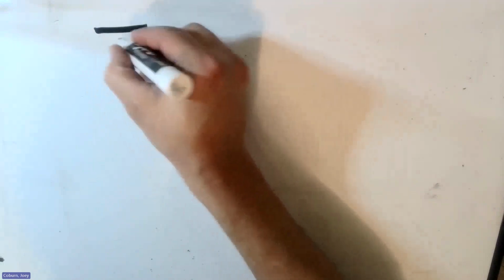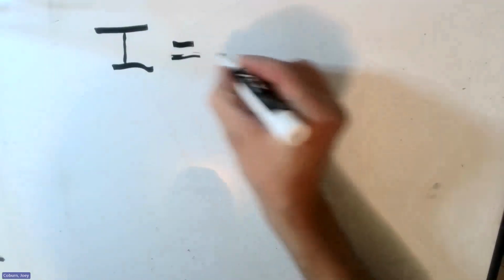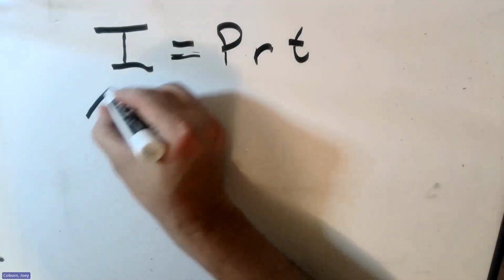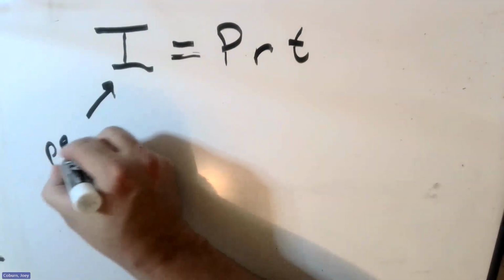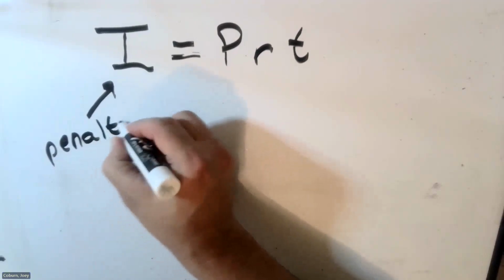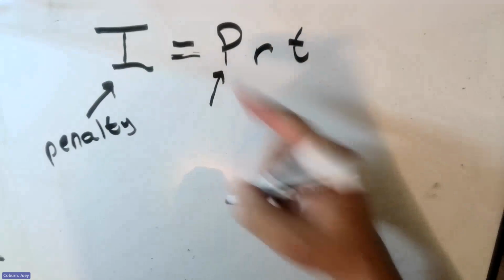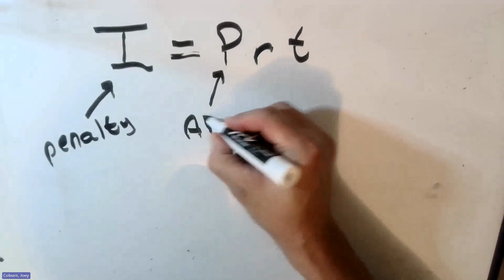So for the penalty, they actually use our simple interest formula. So now we're calculating a penalty. And it's going to be based not necessarily on a principal, but the ADB.